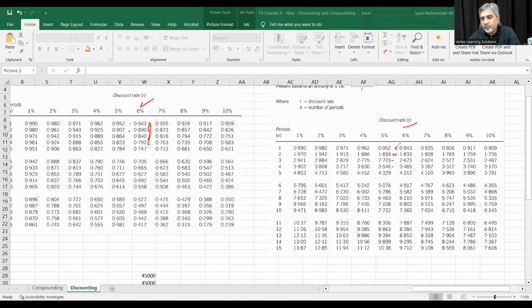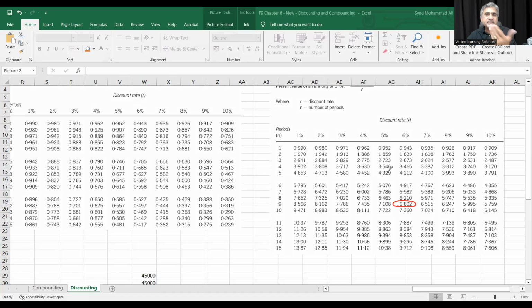I explained this in the previous session as well. So when you take this for 9 years, for 6% at the 9th year, which is 6.802, this includes the 9 discount factors from year 1 to 9, and you don't need year 1 to 3.